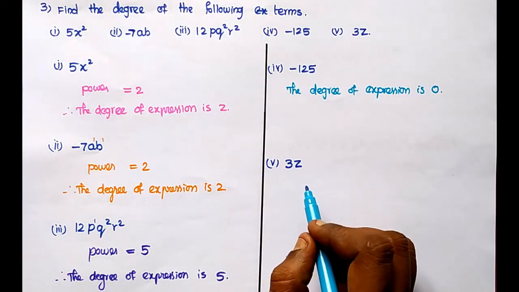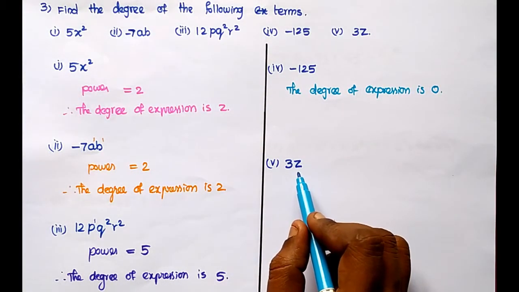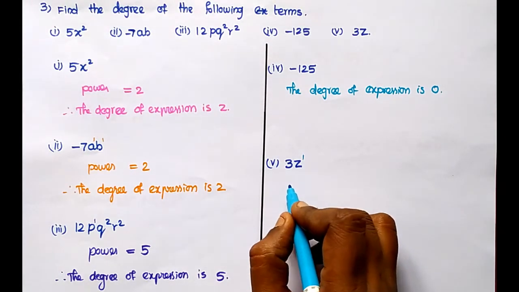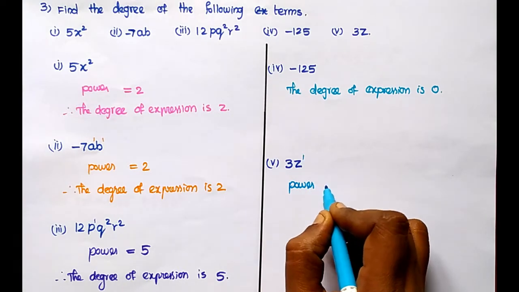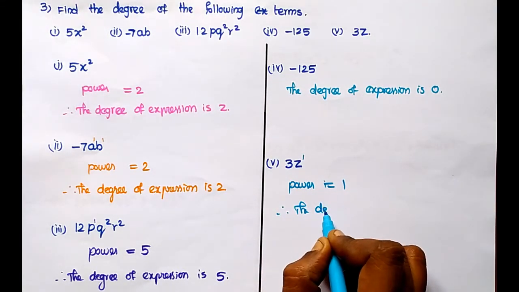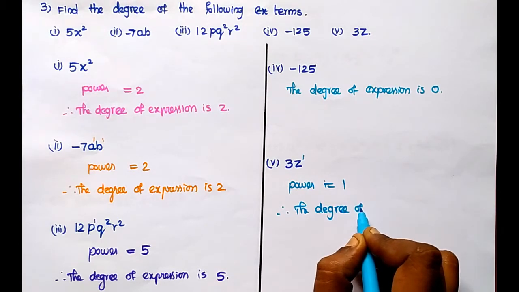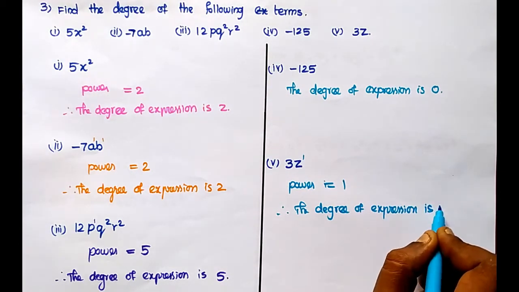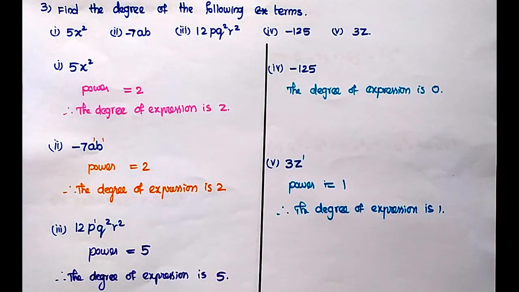Next, 3 x, here only 1. So, power is equal to 1. Therefore, the degree of the expression is 1. That is the answer.